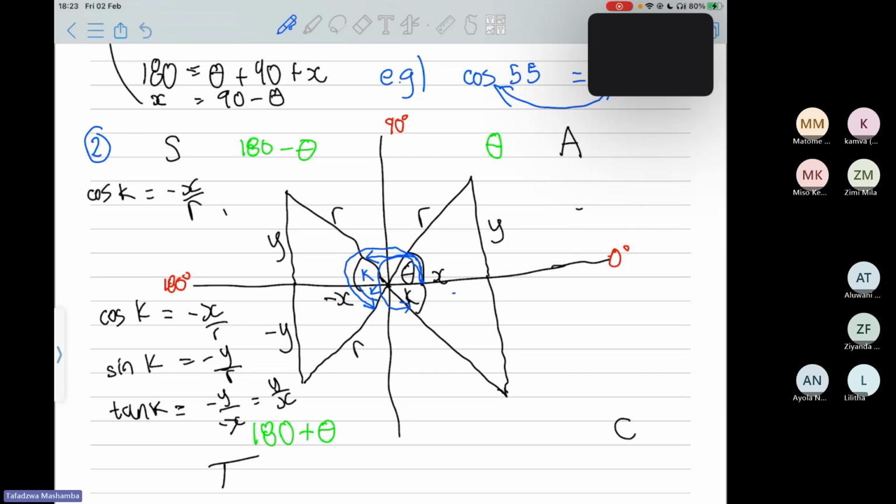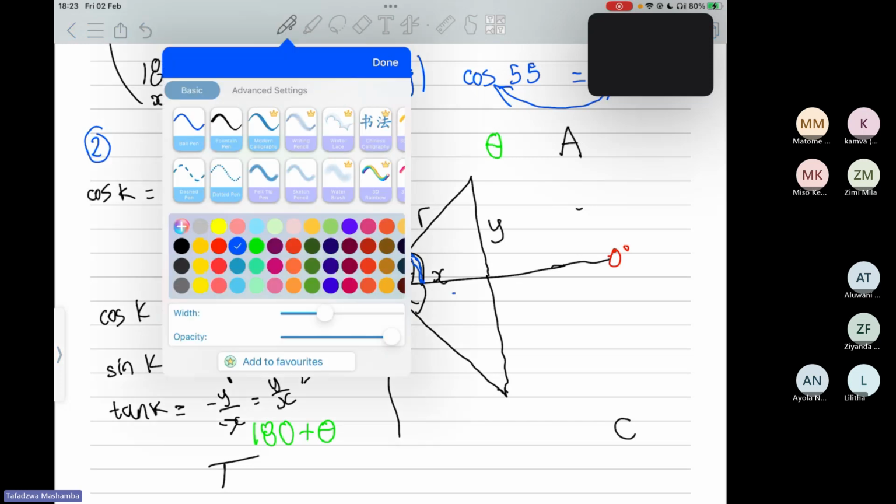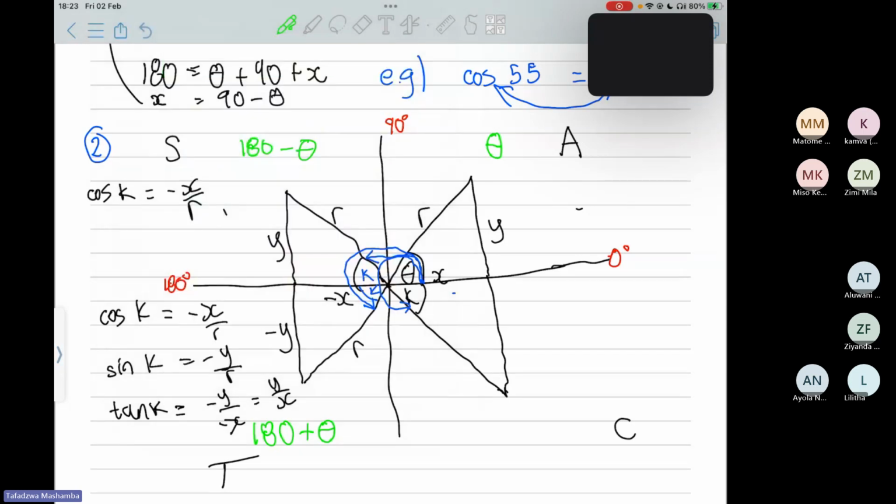What's special about this one is that this is almost 360, but it doesn't reach 360 because of that k. Therefore, with that reasoning, this will just become 360 minus theta. So when you're working out the reduction formula in terms of finding the angle in that quadrant, you always need to remind yourself that it almost reached 360, but didn't because of the theta that was there. Hence, we subtract theta there. Okay.